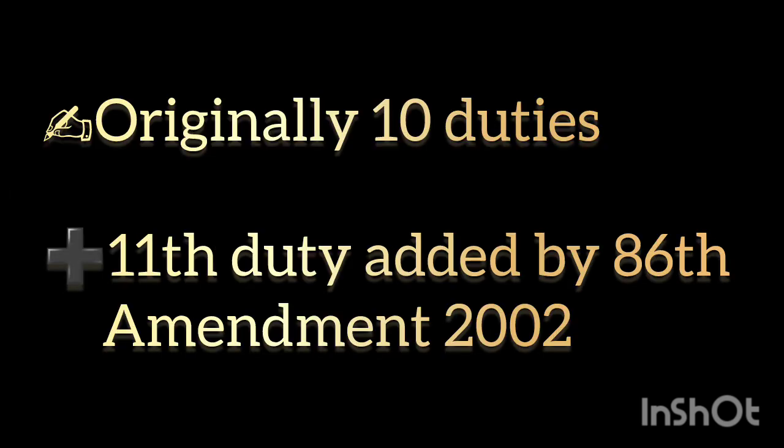Later, the 86th Amendment in 2002 added the 11th duty to provide education to children aged 6 to 14. Question for you: why do you think duties were added during the emergency? That's something worth reflecting on. It was a time when the state wanted greater accountability from its citizens.